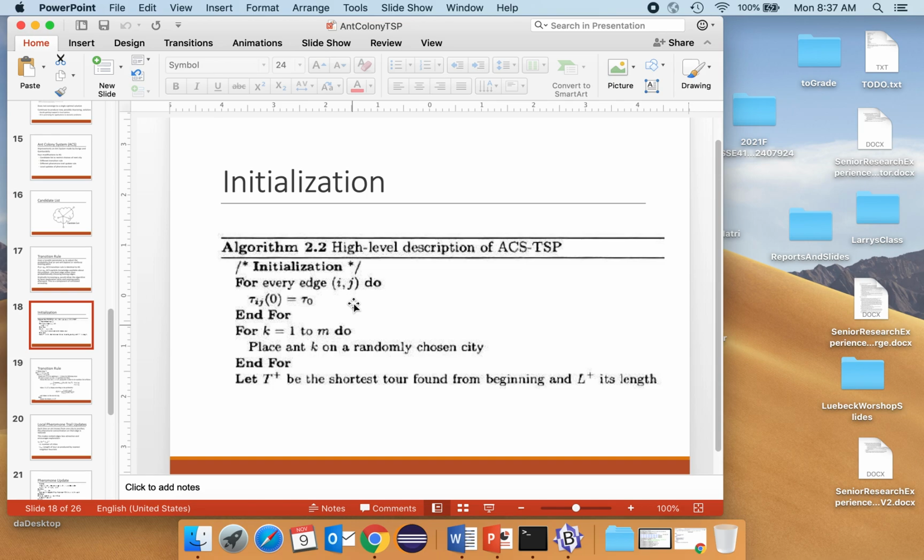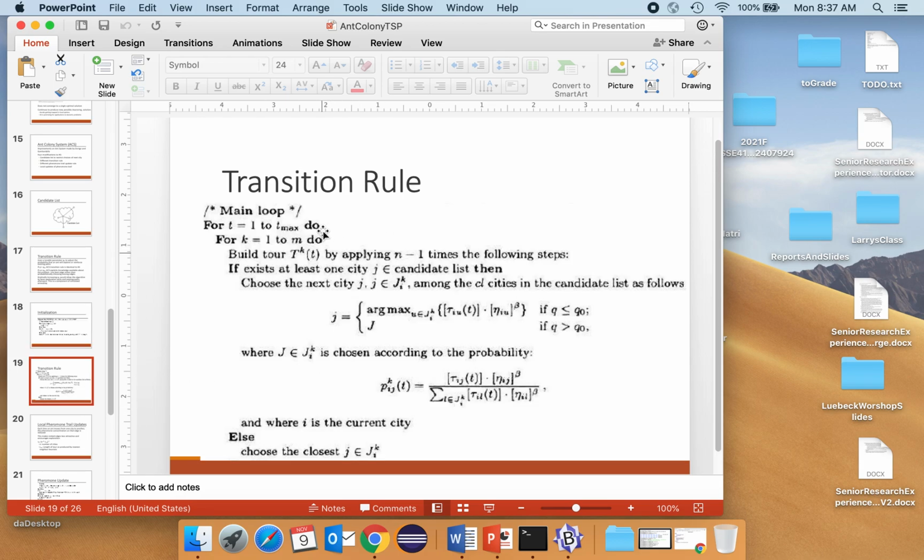So let's run through this algorithm. Again, we put a small pheromone amount on each edge. We again place the ants on a randomly chosen city. We calculate the shortest tour found so far and its length. Okay, so again, we run this algorithm for a certain number of iterations, and for each ant we build a tour. So now let's have a look at the rules that we use to do this.